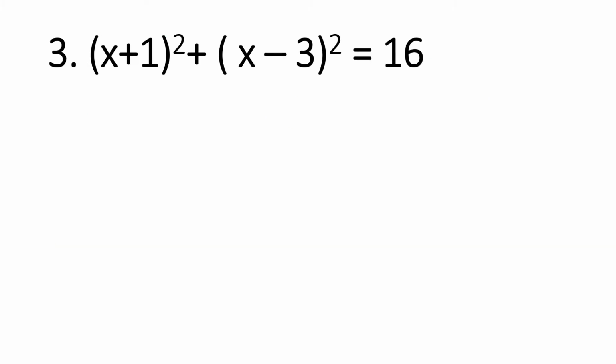Let's have the third example. X plus 1 squared plus x minus 3 squared equals 16. So let's have the roots first, or we have first to get the square of binomial.